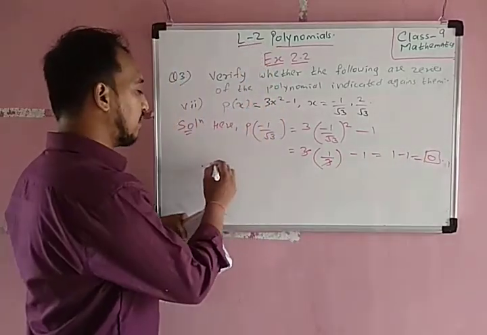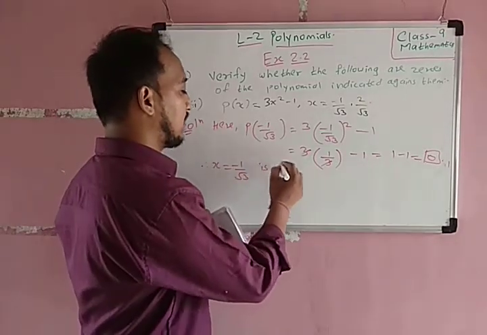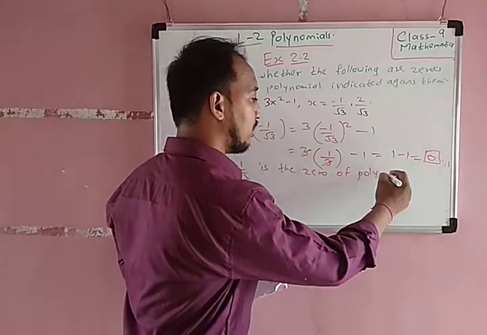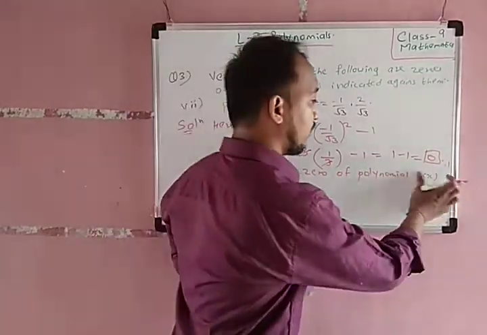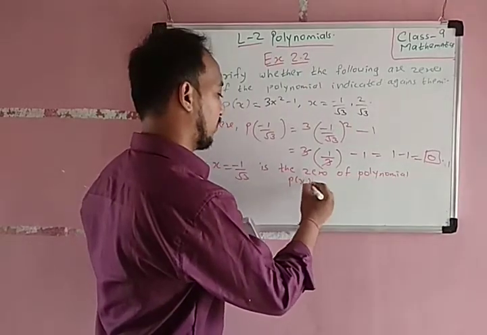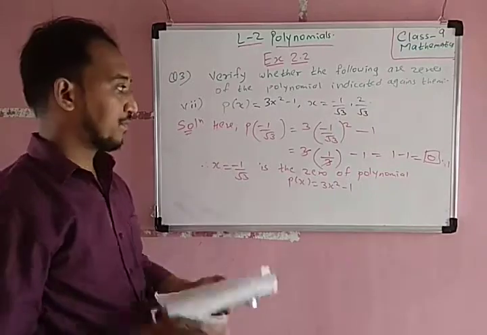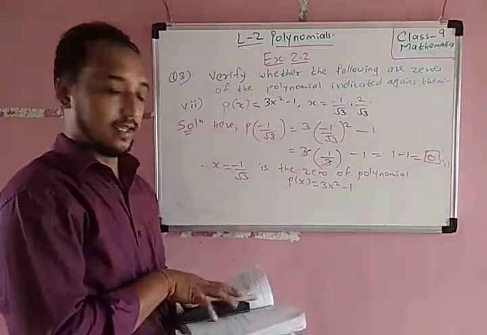So we will say that x equals -1/√3 is a zero of the polynomial p(x) equals 3x² minus 1.